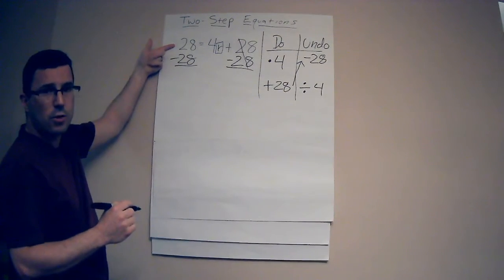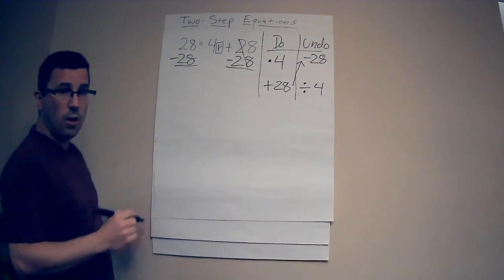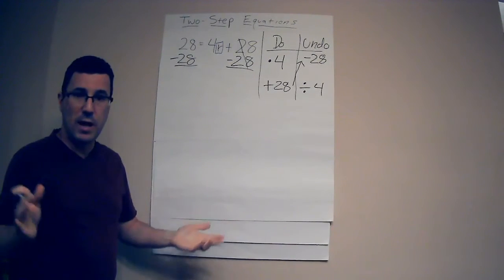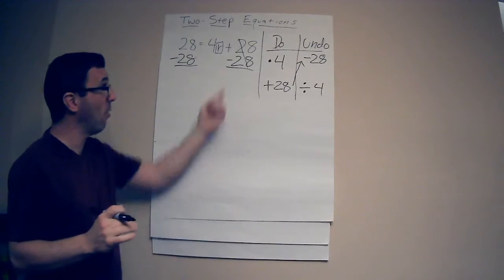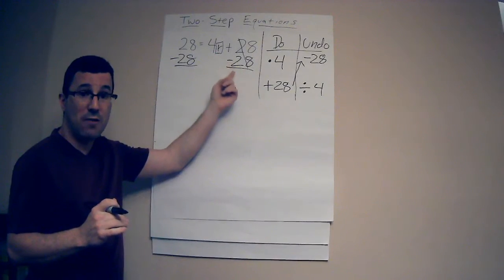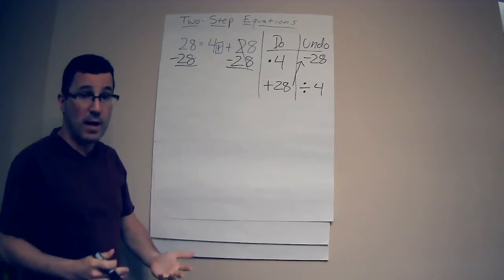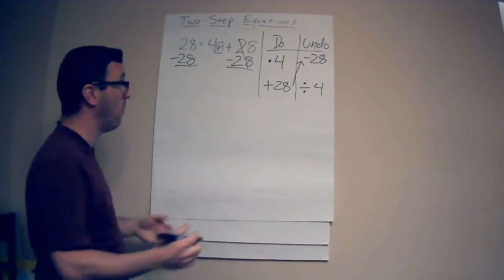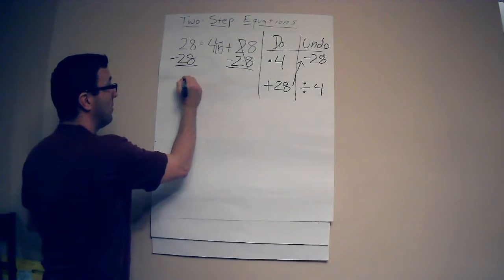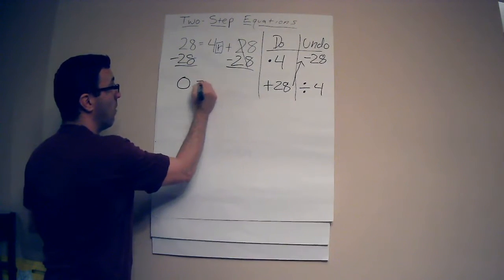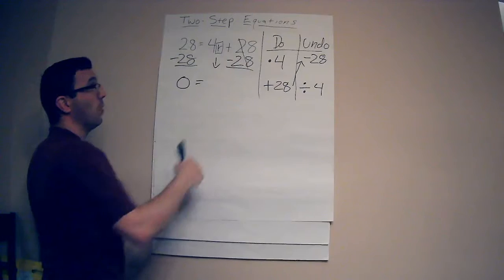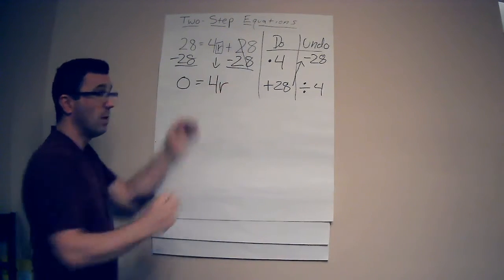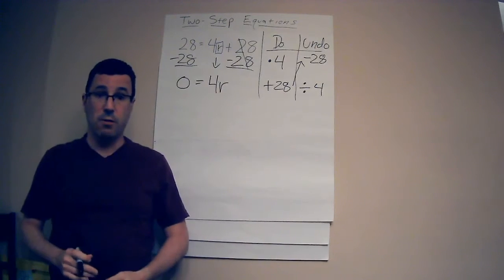Over here, 28 minus 28 cancels out too, but I can't just leave it blank. I have to put a 0. That's really what's happening here. I'm going to have a plus 0, we just don't write it because 4r plus 0 is just 4r. So on the left-hand side, I'm going to have 0. On the right-hand side, I bring down the 4r, so that we have 4r equals 0.